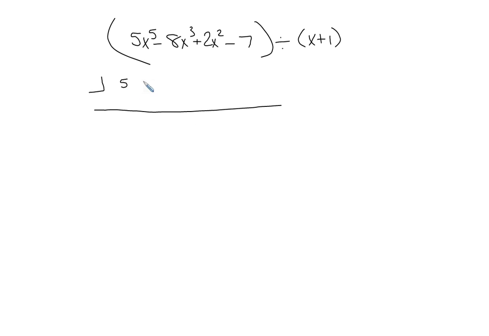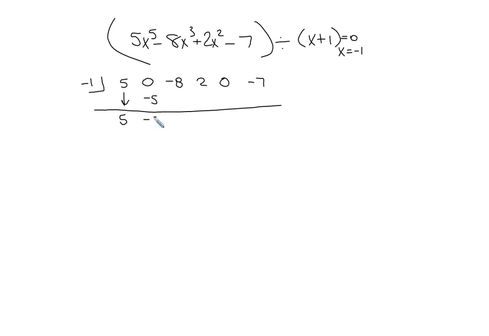We have 5x to the 5th, we have 0x to the 4th, so we have to put the placeholder in. Negative 8x cubed, 2x squared, 0x, minus 7, and on the platform we get a negative 1, because when I set this equal to 0, I get x equals negative 1. Bring the first number down, and now you start your process. Everybody with me so far?